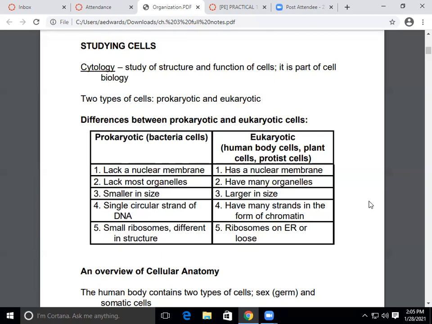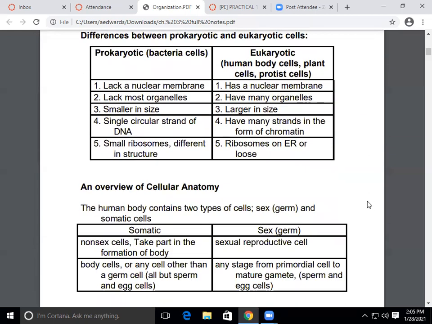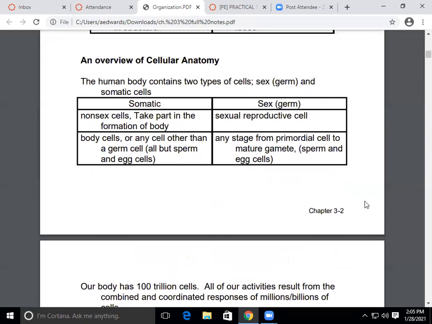All right, what are the 2 types of cells? Prokaryotic and eukaryotic. Which one's bacteria? Prokaryotic. Which ones are like human body cells? Okay. Which one has a single circular strand of DNA?